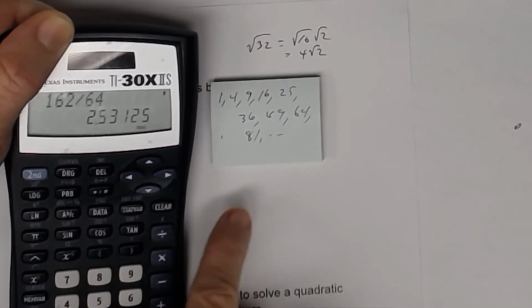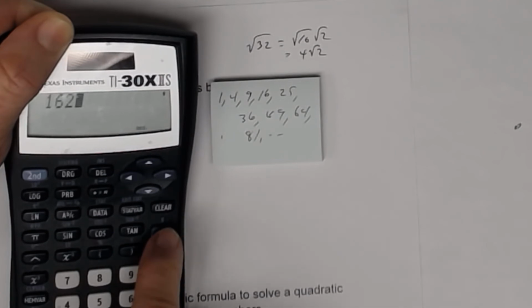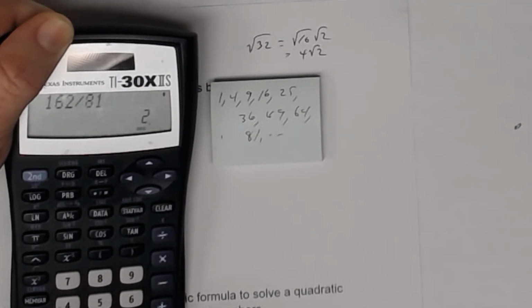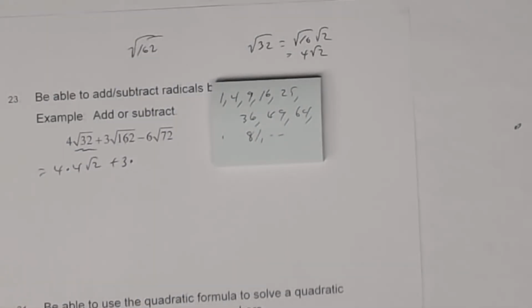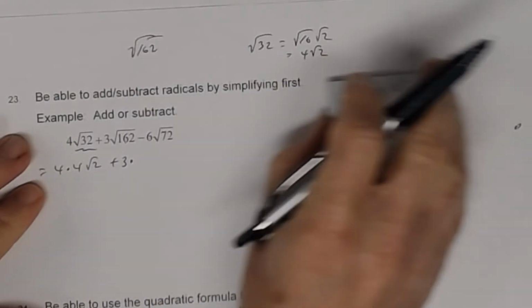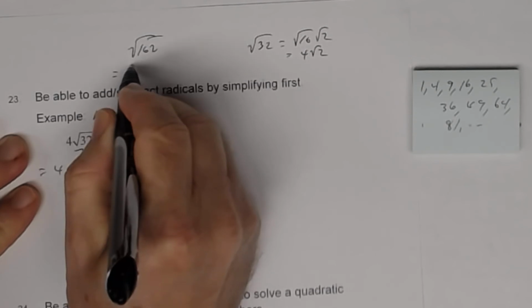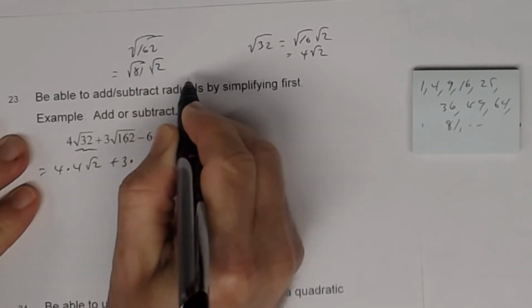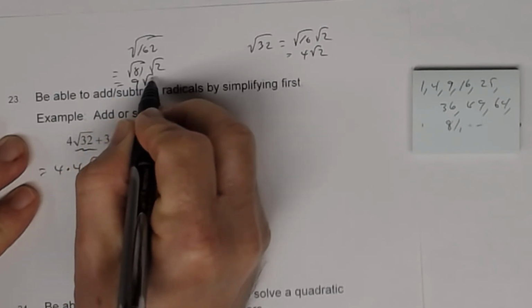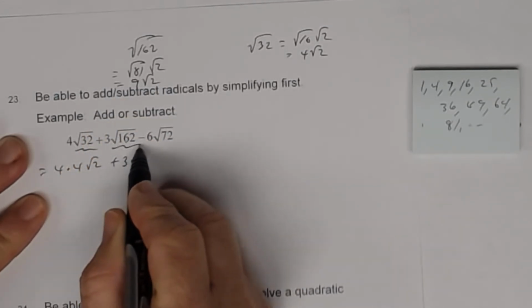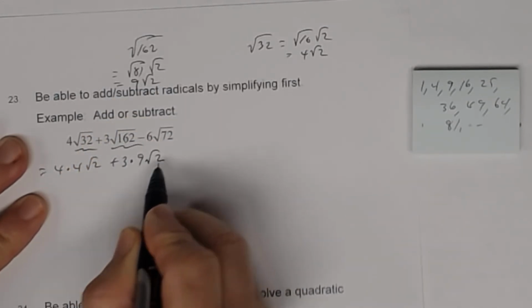Nope. All right. Then let's do 162 divided by 81. Yep. Okay, that's the one, because 2 is a whole number. So 81 goes into 162. So the square root of 162 is the square root of 81 times the square root of 2. And the square root of 81 is 9. So this is 9 square root of 2. So that goes here. So times 9 square root of 2.